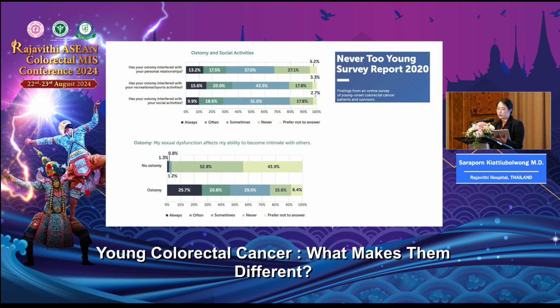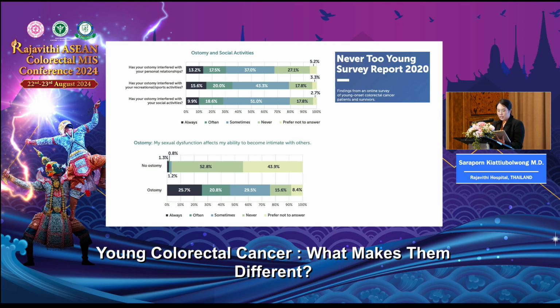Another thing you should be concerned about is the ostomy issue, because after surgery, 41% of the respondents had an ostomy: 28% a permanent ostomy and 71% a temporary ostomy.